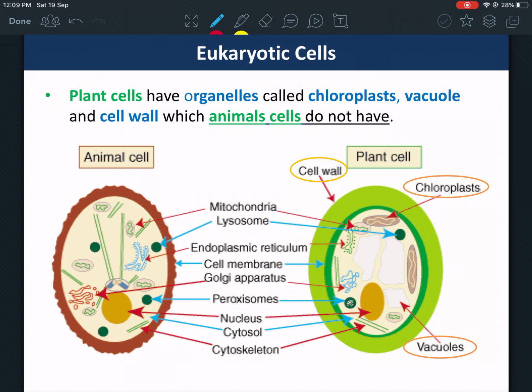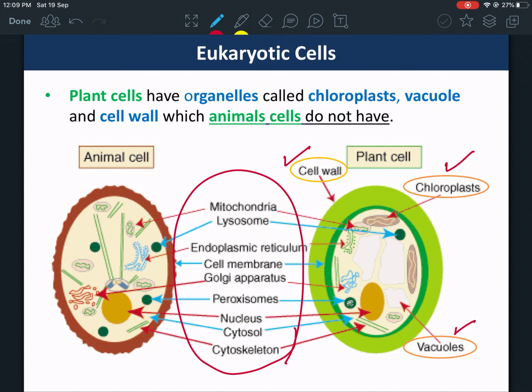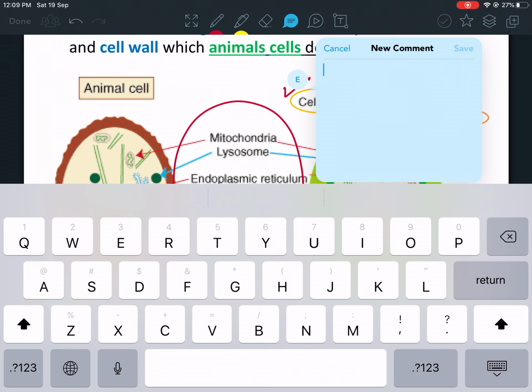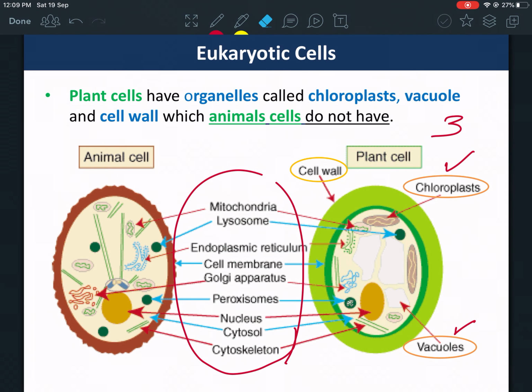See, the plant cell has a cell wall, chloroplast, and vacuoles, but the animal cell does not have any of those. They share all of this together. It's the same, but the plant has extra 3: cell wall, chloroplast, and vacuole. Okay, that's all you have to know about the plant cells. They have the very important chloroplast that makes food for the plant.